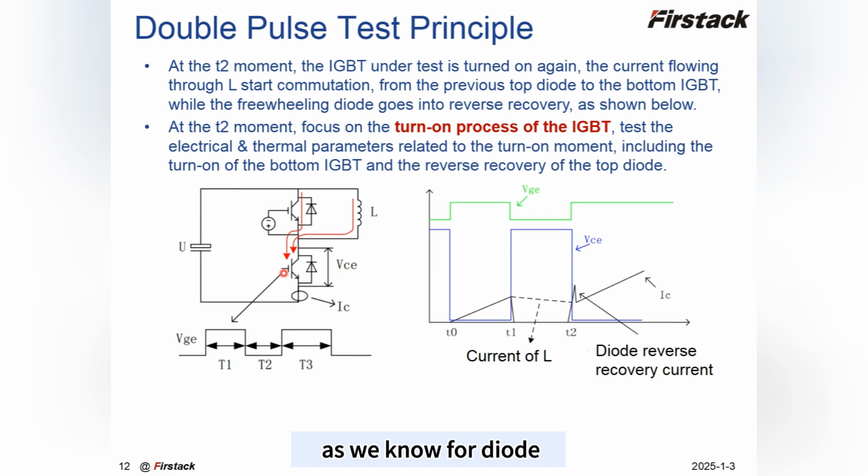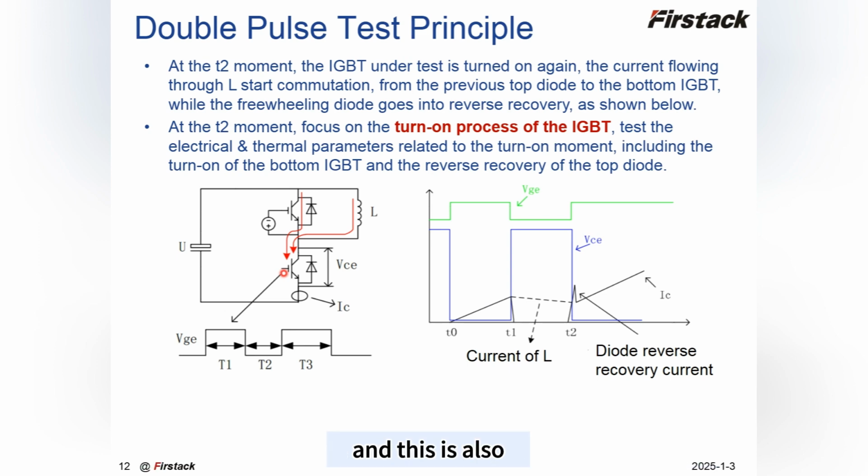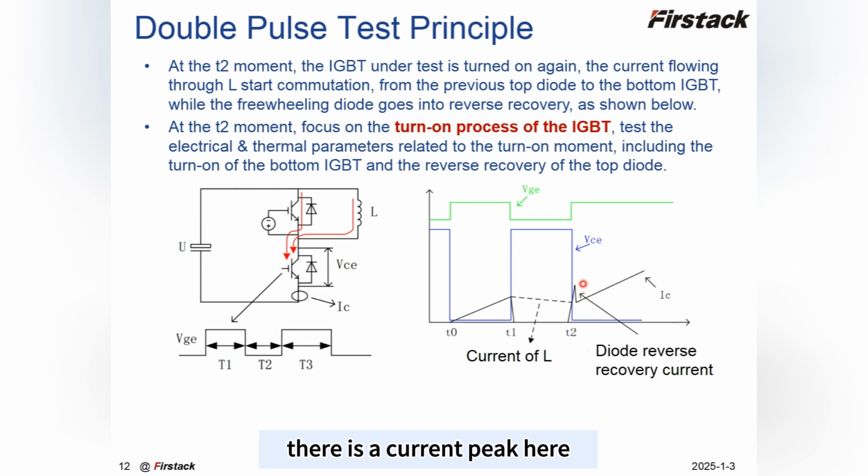As we know, for a diode, when it is conducting and then goes to cutoff status, there will be a reverse recovery current from the diode. This is also why we can see in the waveform in the right picture there is a current peak here. This peak is caused by the reverse recovery current of the diode.